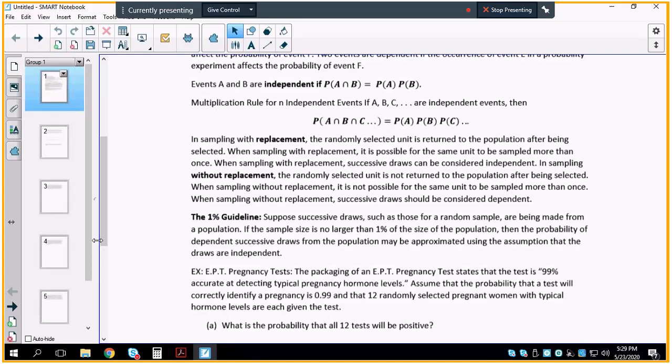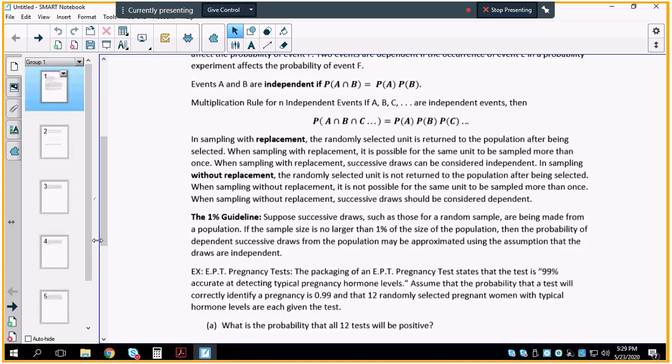The 1% guideline says, suppose successive draws such as those for a random sample are being made from a population. If the sample size is no larger than 1% of the size of the population, then the probability of the dependent successive draws from the population may be approximated using the assumption that the draws are independent. So what does it say?